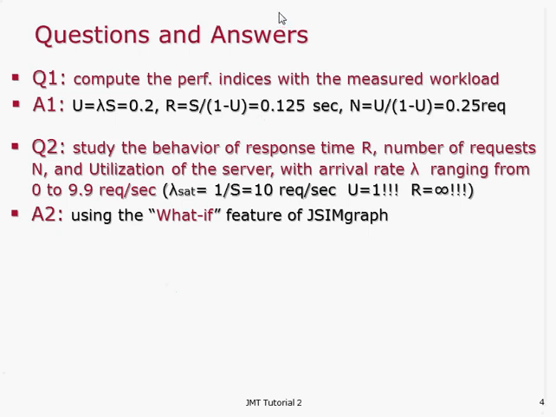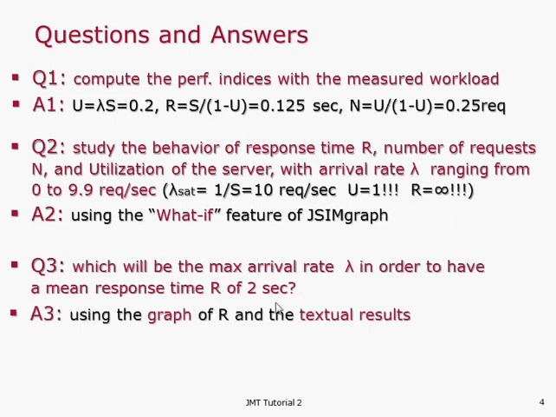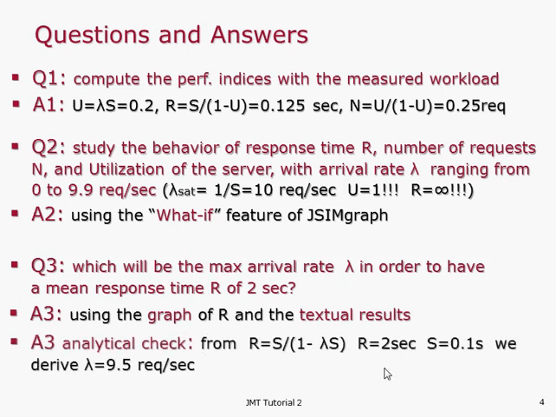Now, let's consider, just to be consistent with the other, I have a question. Which will be the maximum arrival rate in order to have a mean response time of 2 seconds? This question, computing the R of 2 seconds, so we know that R of 2 seconds analytically, here you have the formula to derive, is 9.5.